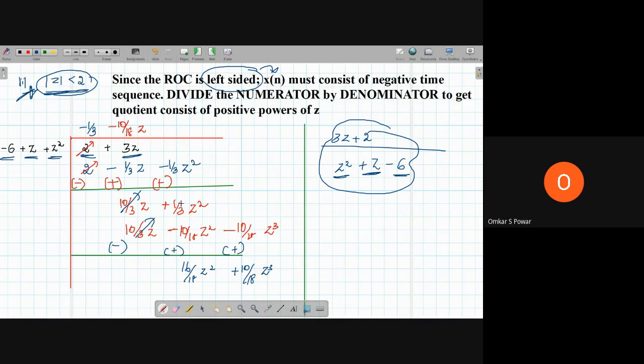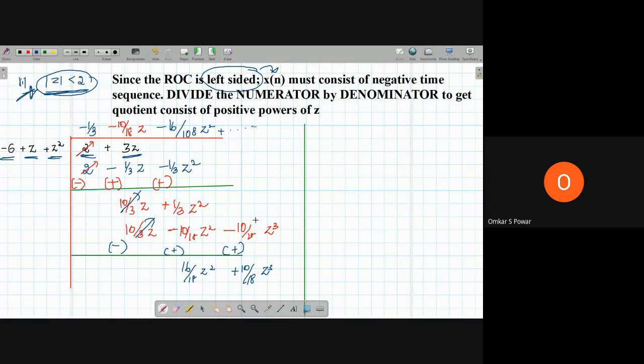So this you have to do. 1 by 3 plus 10 by 18 is 16 by 18. What you have to multiply here again is minus 16 divided by 108 into z square, and so on. So get the first three terms of the quotient, and then write the quotient here.